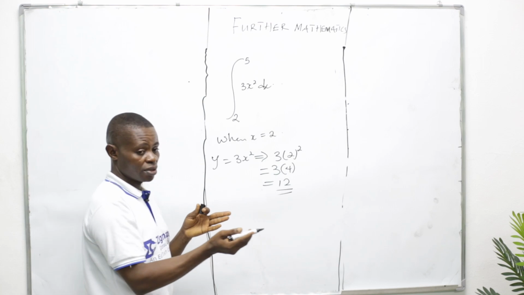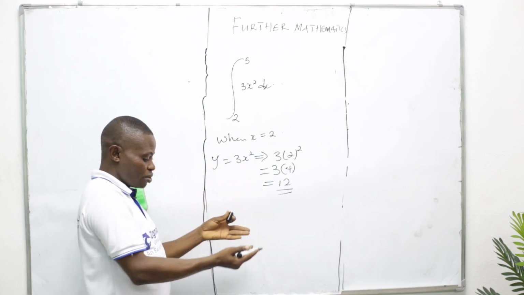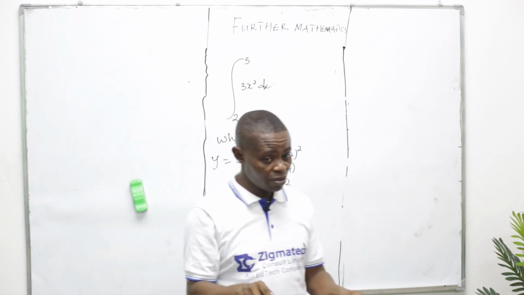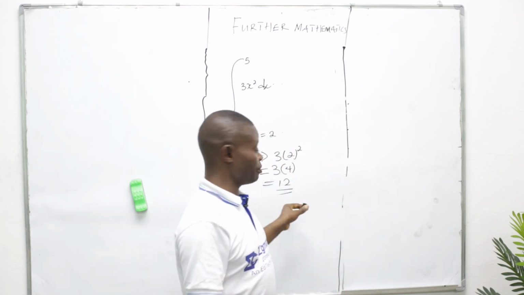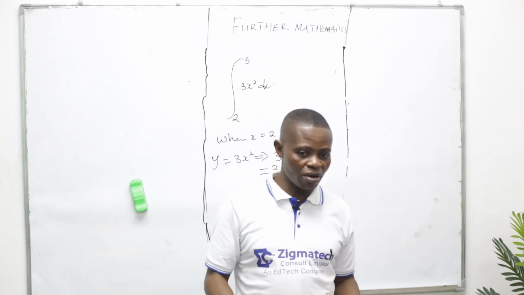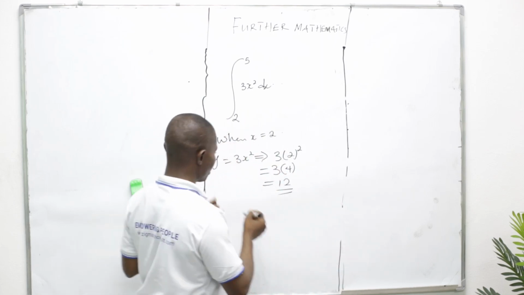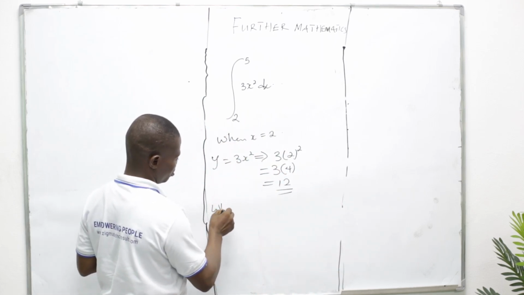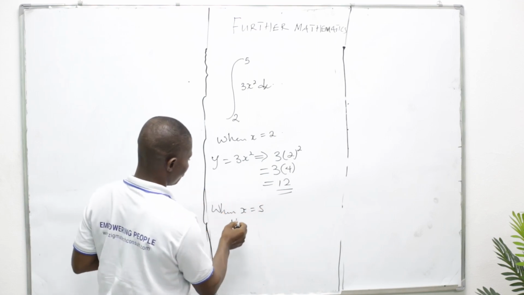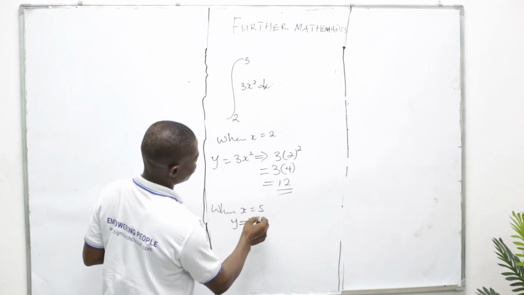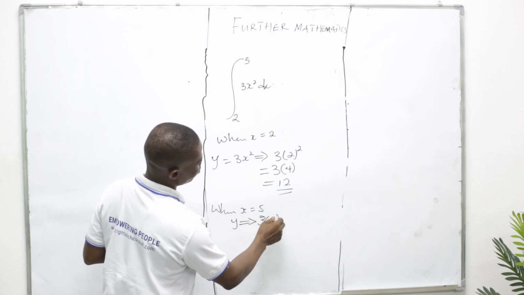Can you see what's going on? I am trying to create coordinates so that I can sketch a curve. Most of the times they will tell you, sketch a curve. But even if they just say find the area, you must draw a curve. Now, when x equals 5, y implies 3 into 5 squared.